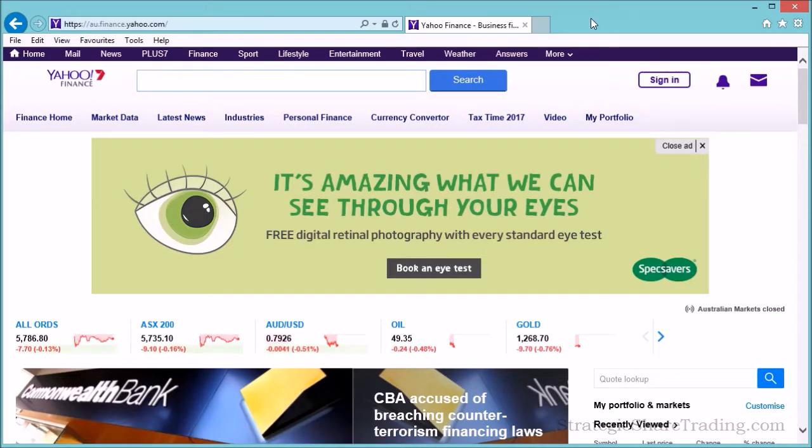There we go. And here you can see some prices come up by default. We've got the All Ordinaries, the ASX 200, the exchange rate of Aussie dollars to US dollars, and some commodities here. These first two are indices which measure the performance of the share market as a whole.